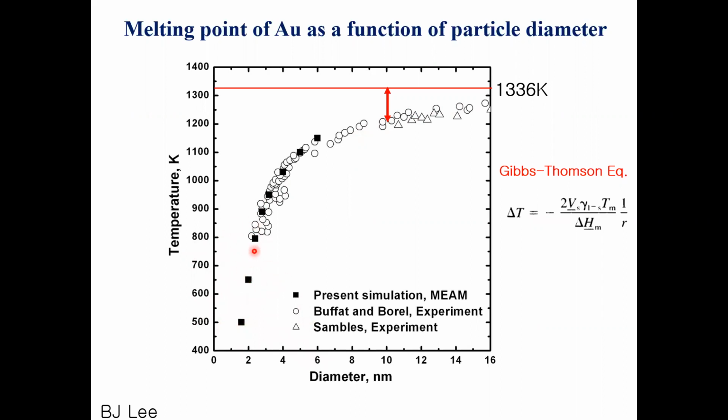So here you can see the melting point at nanometer scale can go down from 1336 Kelvin to something like 600-700 Kelvin, and that is a little bit above 300 degrees Celsius. So you can clearly see that the bulk material is behaving very differently than the nano size scale material.